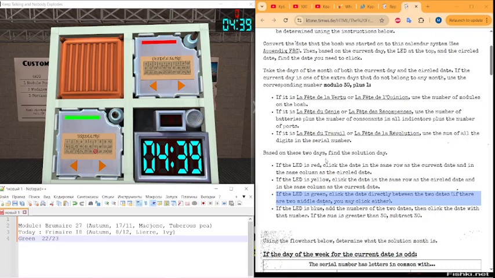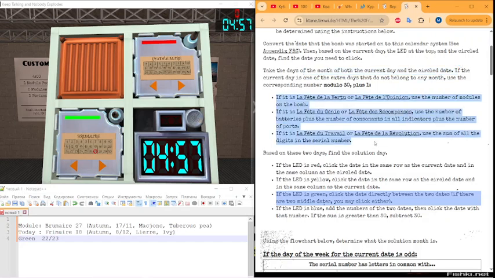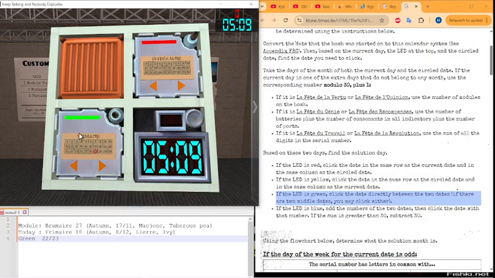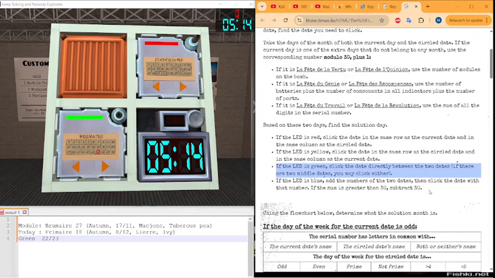In case the real day, as in today, maps to the 13th month, we need to calculate the number mod 30 plus 1, and we would use that number together with the module's day to calculate the solution day.